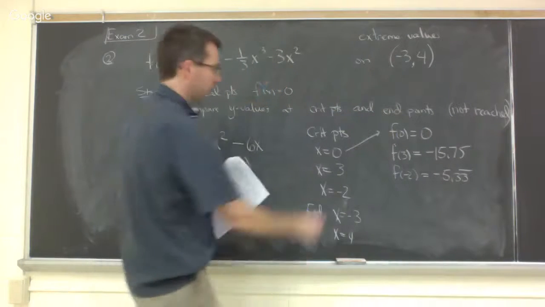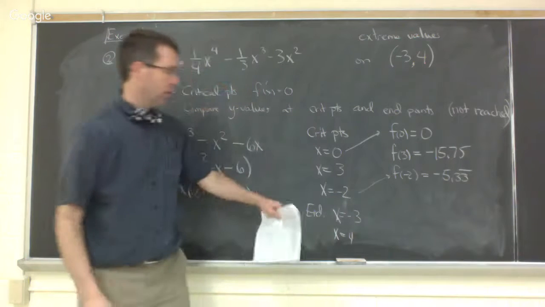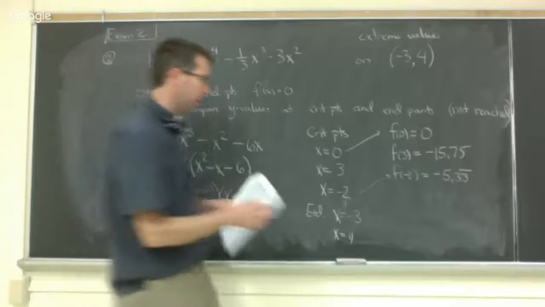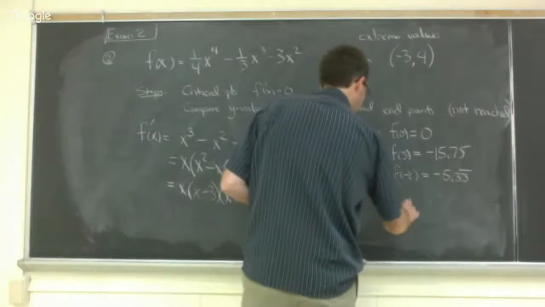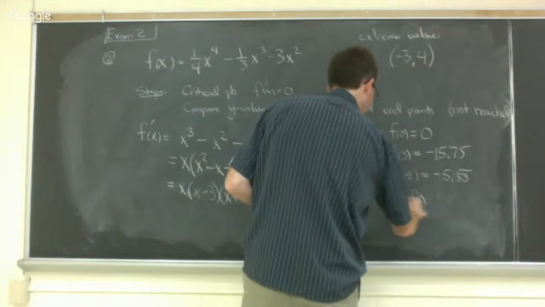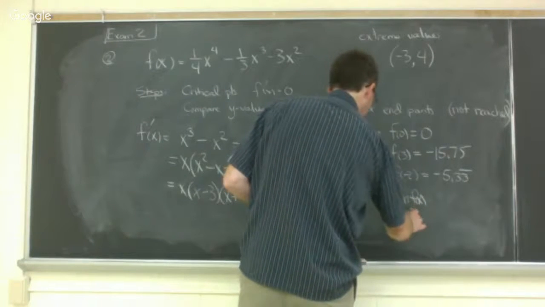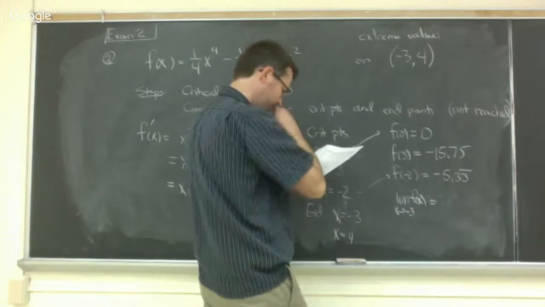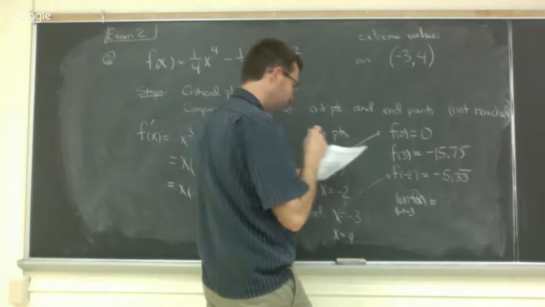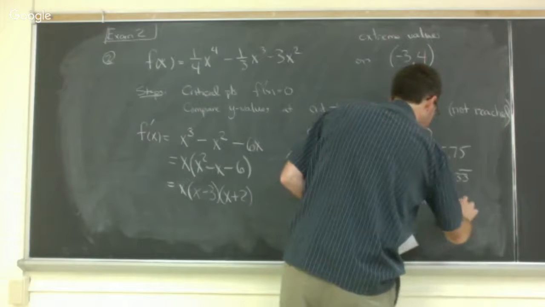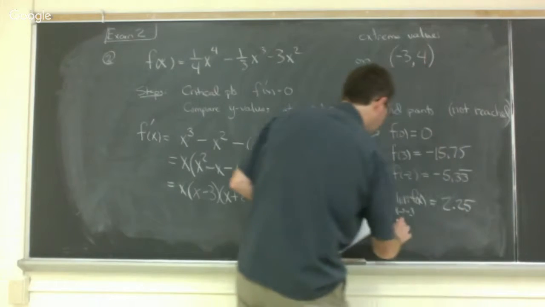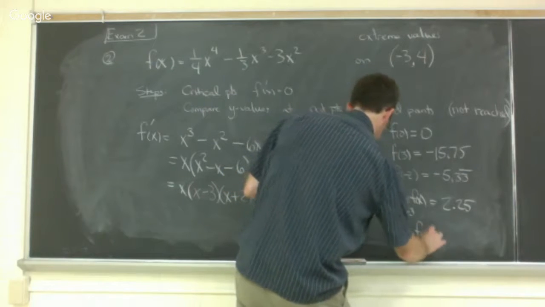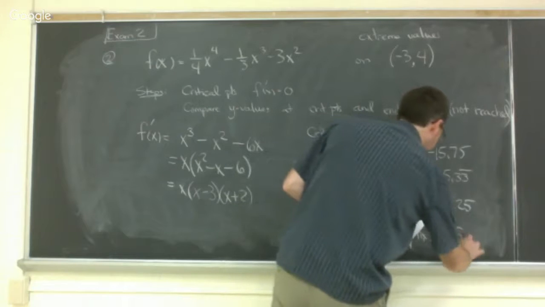So those are the values of our critical points. The endpoints aren't actually included, so technically I'm not really plugging them in. I'm taking the limit. The limit of our function as x goes to -3 will be 2 1/4, and the limit as x goes to 4 is -5 1/3.